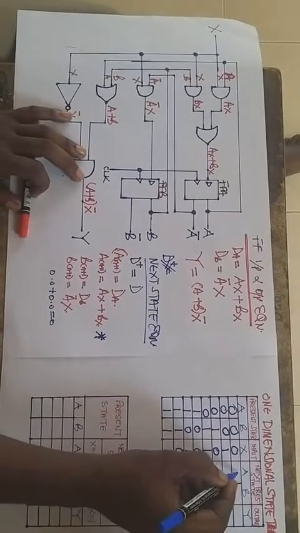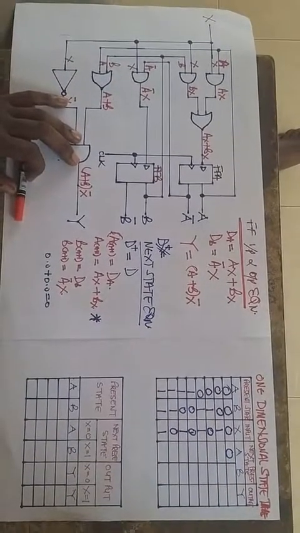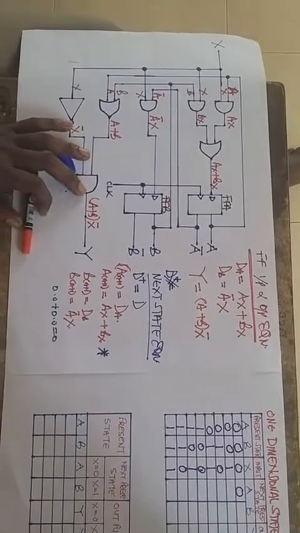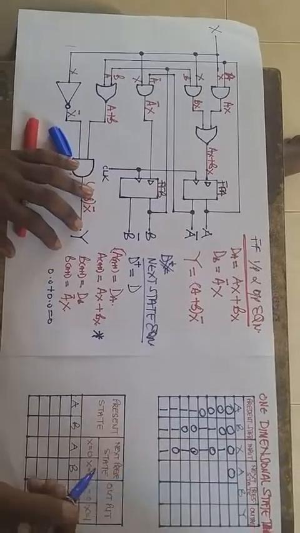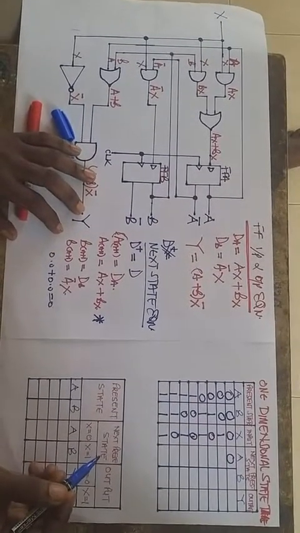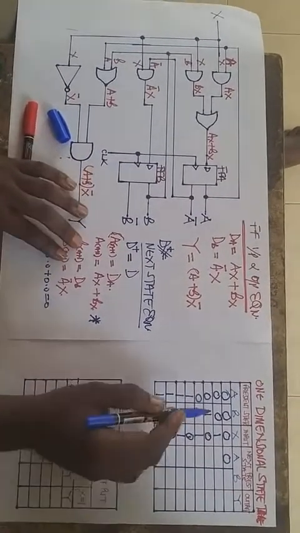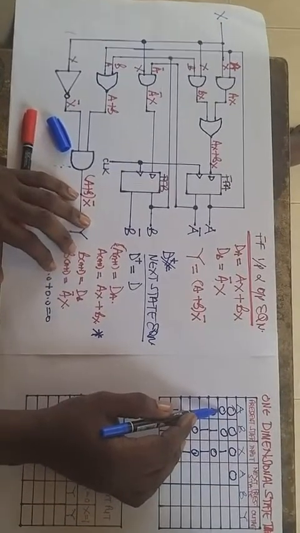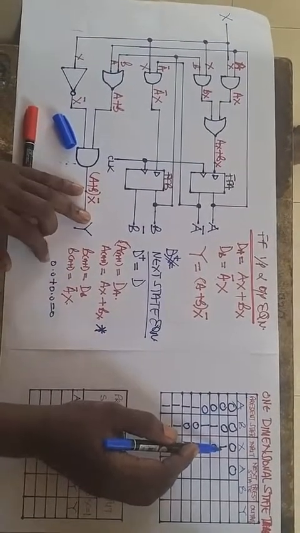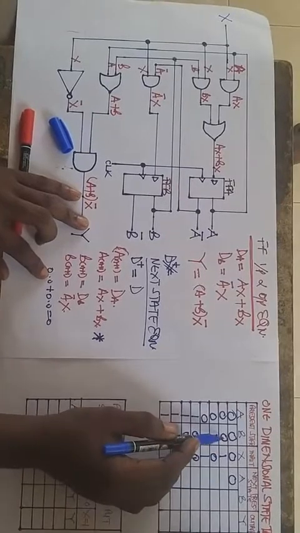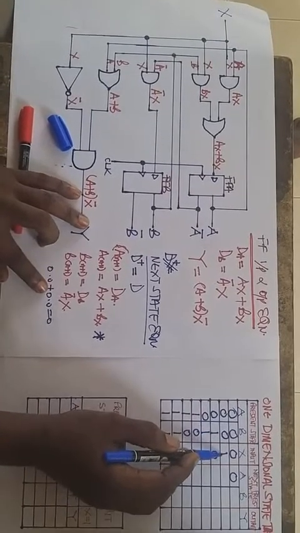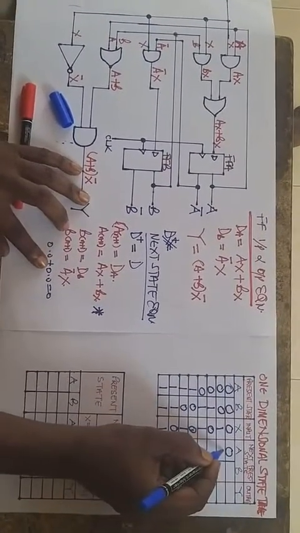So here will be 0. We fill the column for A, that is the next state. Now when A is 0 and X is 1, 0 times 1 is 0. B is 0, X is 1, 0 times 1, so here will be 0.